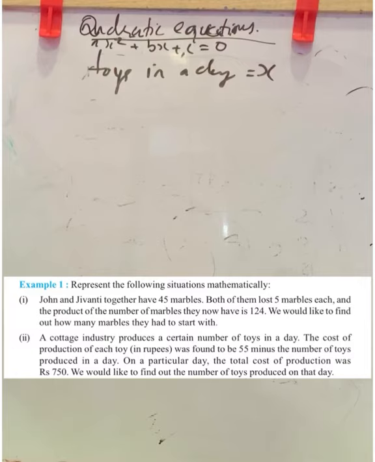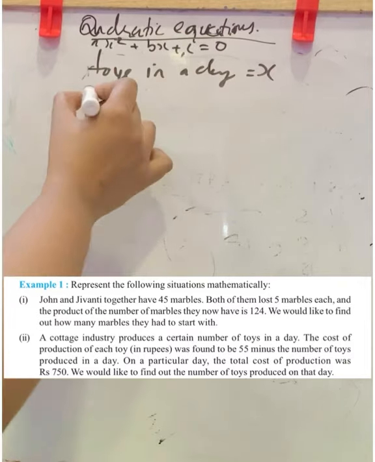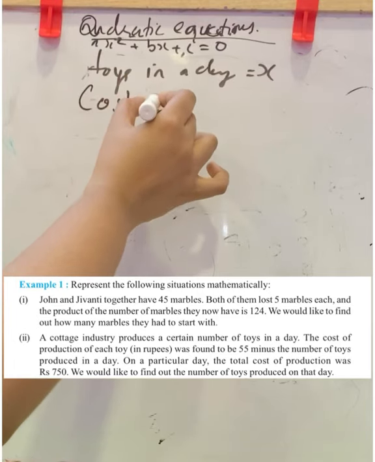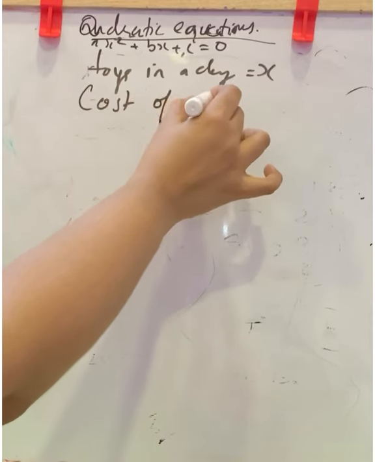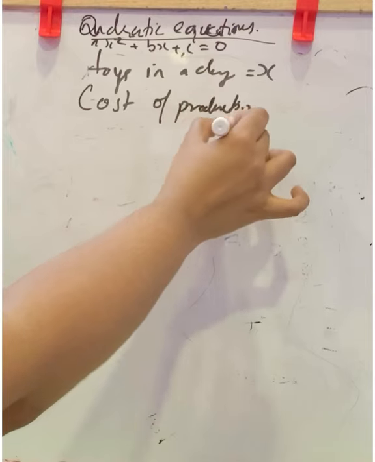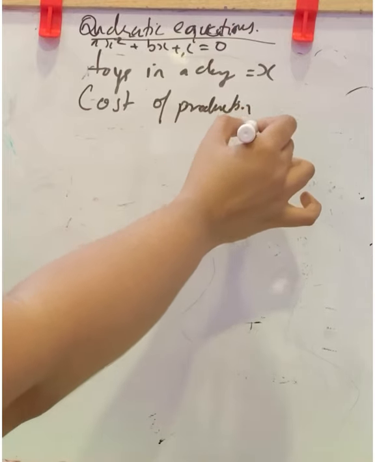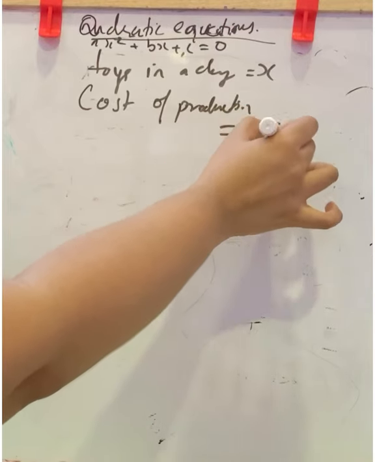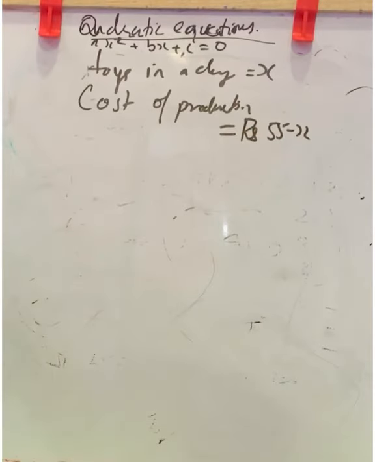Then the cost of production of each toy will be rupees 55 minus x.